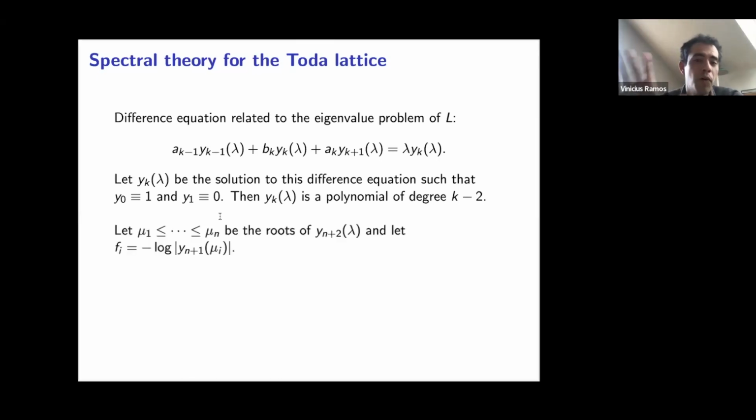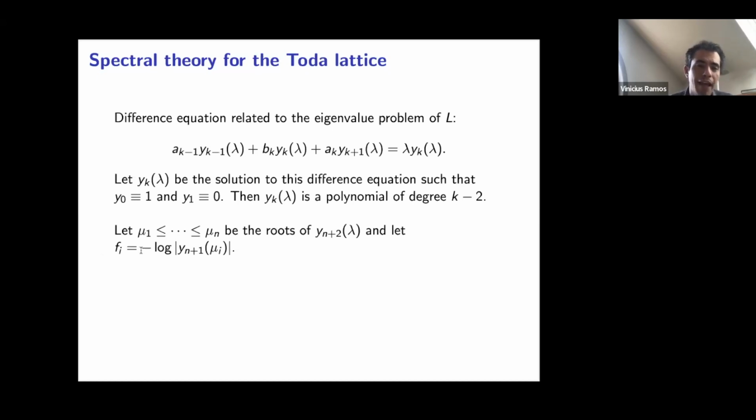But now, if we're given this polynomial, which is one of the fundamental solutions, then we can look at the roots of k equals n plus 2; that will be a polynomial of degree n, which has n roots. We can show they're all real numbers. That's not completely obvious, but it's true.